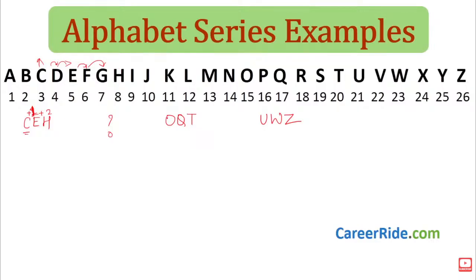For O, Q, T, again one skip, O is over here, one skip, you get P, one skip. Q and T, one skip, second skip. There are 2 skips over here.